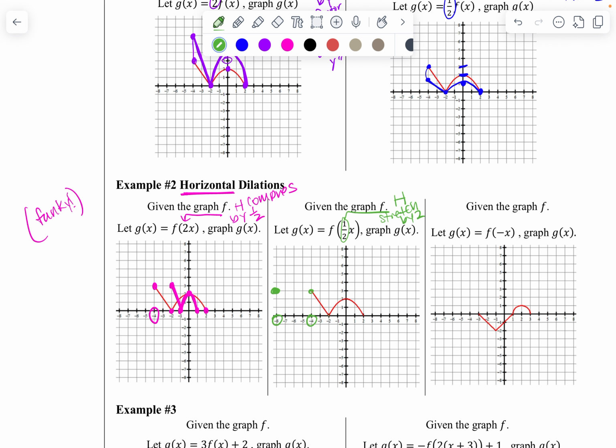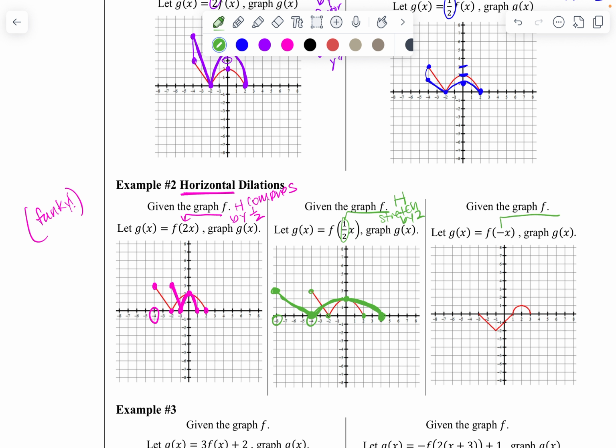This point is at -2, so now it's going to be at -4. This point is at a horizontal distance of 0, so it's going to stay there. And here's 2, so now it's going to be at 4. And so we're going to connect these most important points to give that shape. So it's the same shape as the red graph, but everything's been doubled in size horizontally.